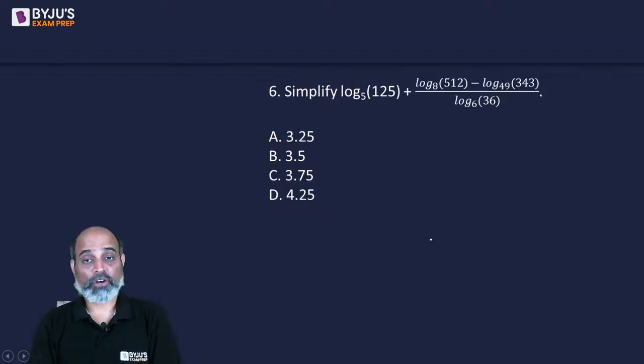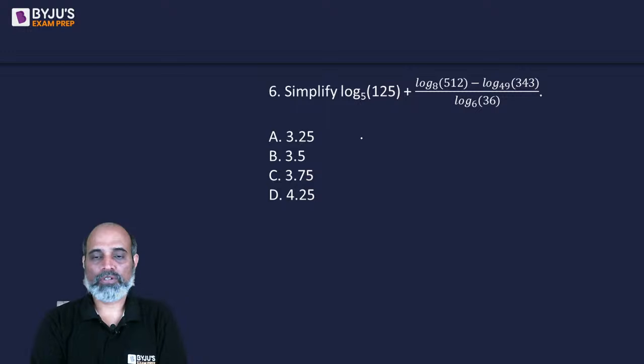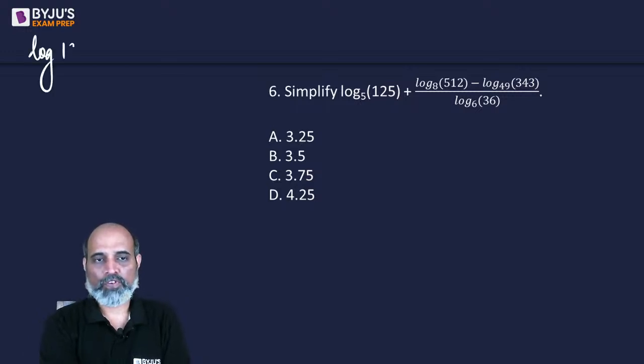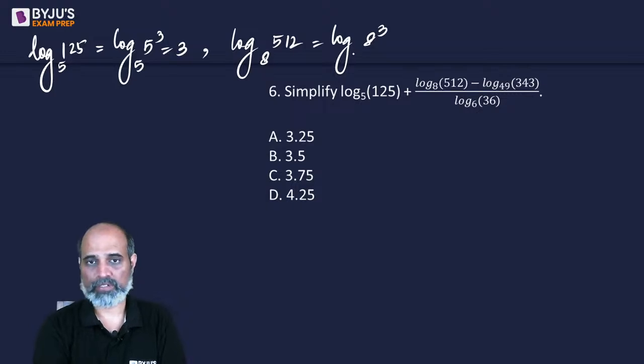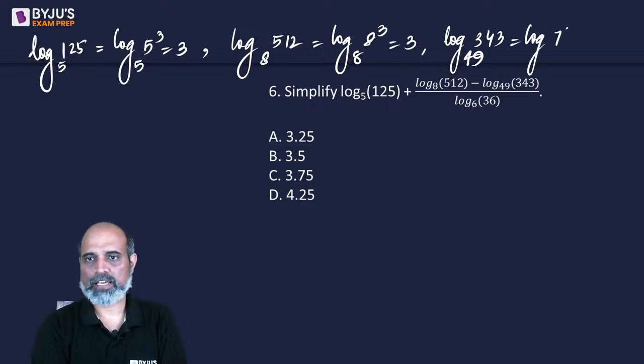Okay, question on log. Log 125 to the base 5 can be written as log 5 to the power 3 to the base 5, which is 3. Similarly, log 512 to the base 8 can be written as log 8 cube is 512. So this turns out to be 3 as well. Log 343 to the base 49 can be written as log 7 cube to the base 7 squared. So this turns out to be 3 by 2.